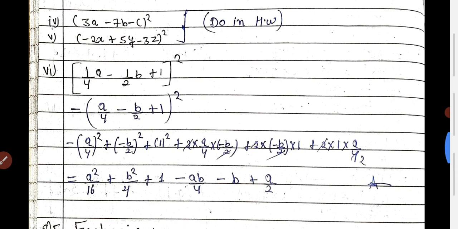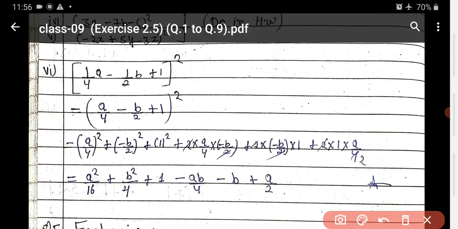Now come to the sixth part. It is in rational number form, or fraction form, so I will explain that one also. So 1 upon 4a can be written here as a by 4, and 1 upon 2b can be written here as b by 2, and 1 as it is, it becomes a whole square. Now just solve. In place of a is a by 4, in place of b minus b by 2, in place of c you have 1.